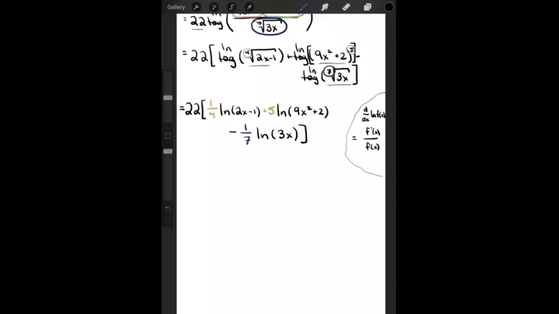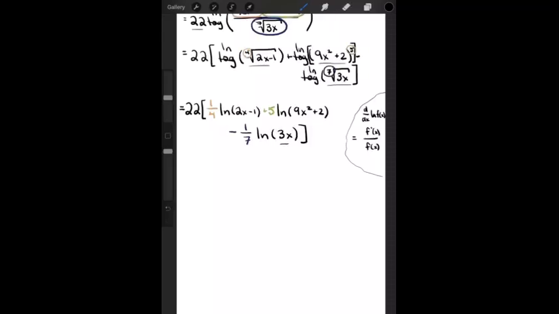Right, and that's about as simplified as we can make it. We could technically do something with this one. We could do the product rule again, but that doesn't actually simplify anything for us.